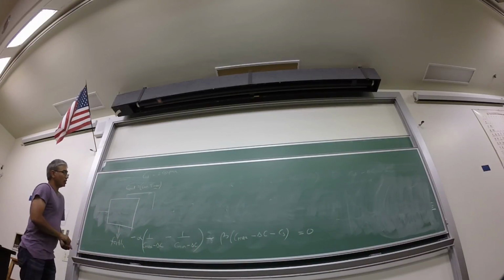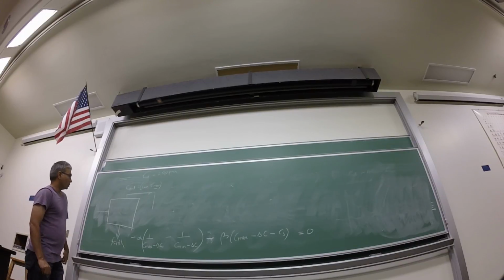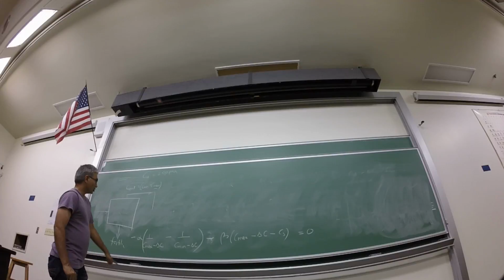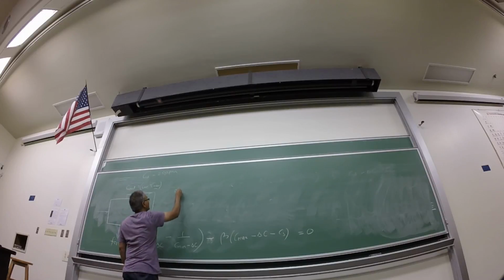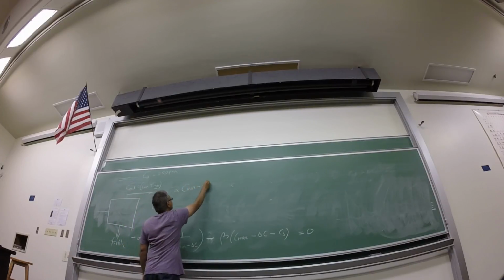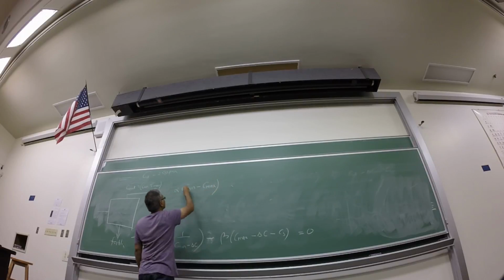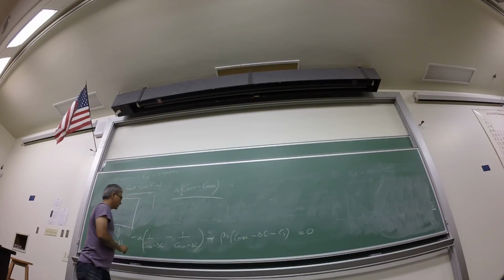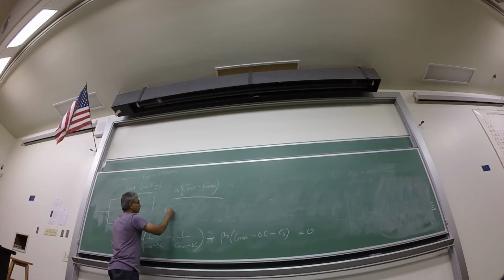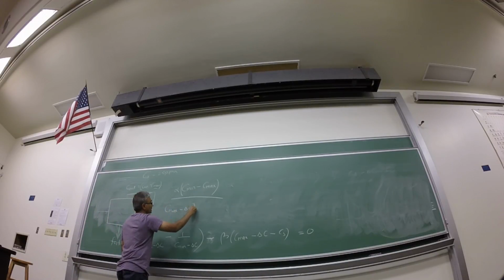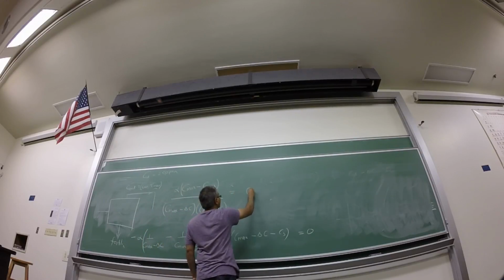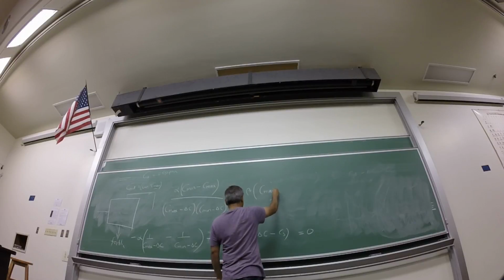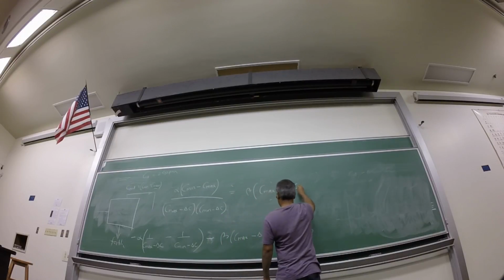Okay, so we can combine these two terms. So you get alpha times C min minus C max, divided by C max minus delta C times C min minus delta C, equals beta times C max minus delta C minus Cs.